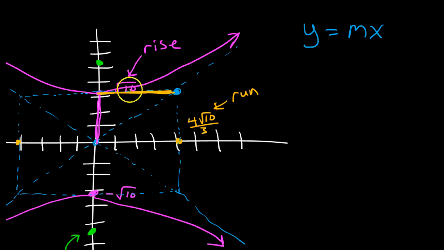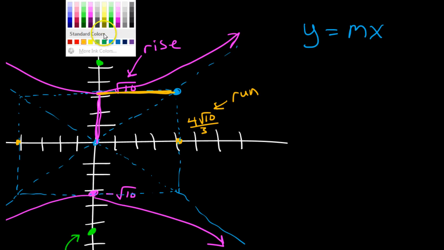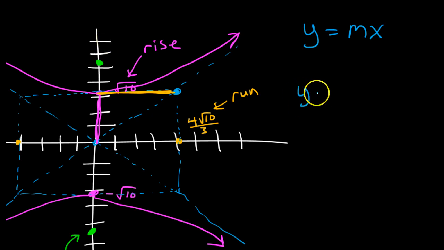Okay, so our rise is the radical 10, and the run is the 4 radical 10 over 3. So, what am I going to do with that? So I've got y equals. So my slope is radical 10 over 4 radical 10 over 3.